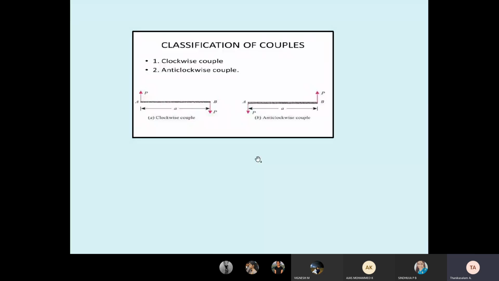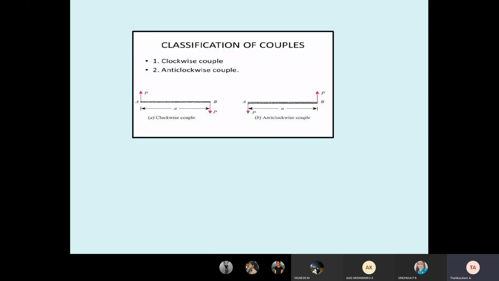Then we discussed about couples. What is a couple? Two equal forces acting on your body and separated by some distance is called a couple. Example, the key lock. We are inserting the key in the lock and rotating. So equal forces act in opposite directions. And the best example I told you, the bus driver steering.